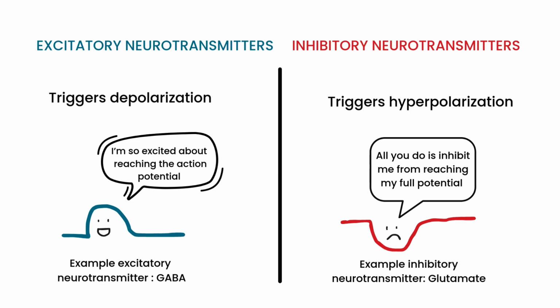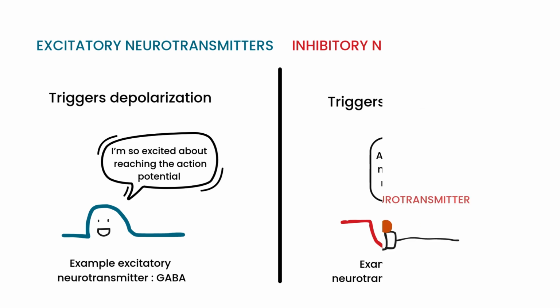Inhibitory neurotransmitters, on the other hand, decrease the likelihood of the postsynaptic neuron reaching its threshold of excitation. Essentially, excitatory neurotransmitters help depolarize the neuron, while inhibitory neurotransmitters will help hyperpolarize it.